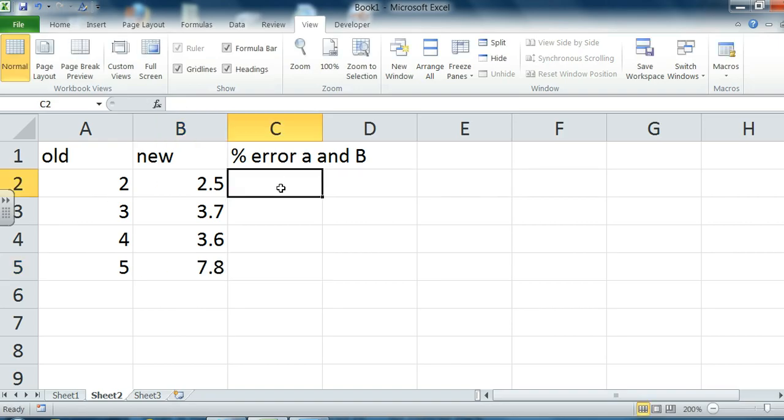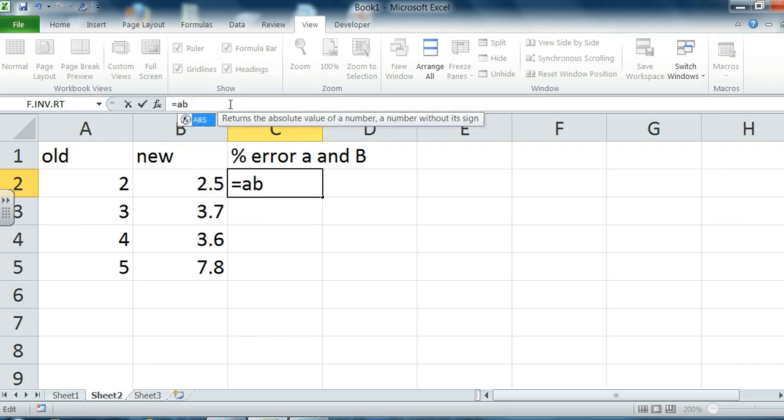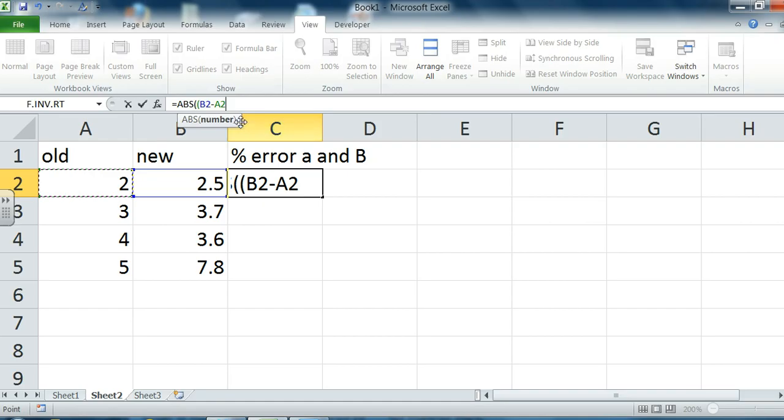And then I want the absolute value. Well, I'm going to put an equal sign first. Equal ABS, absolute value of the new value minus the old value, and then another parenthesis, divided by the old value.